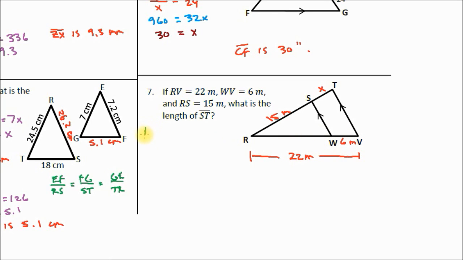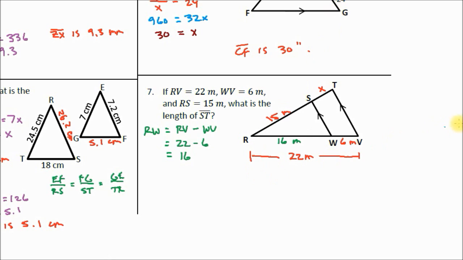So I know that RW is going to be equal to RV minus WV. RV is 22, WV is 6, so that means RW is equal to 16. So we had to figure this out first, 16 meters.